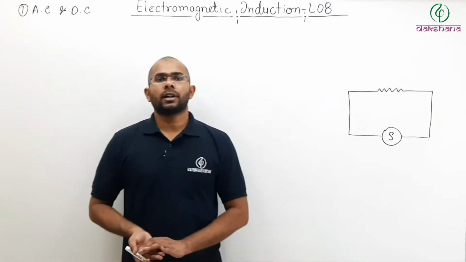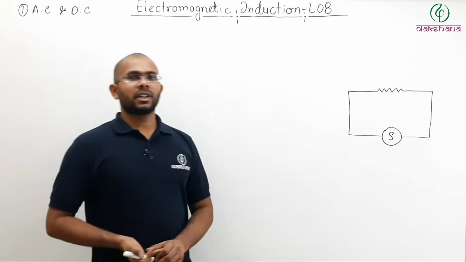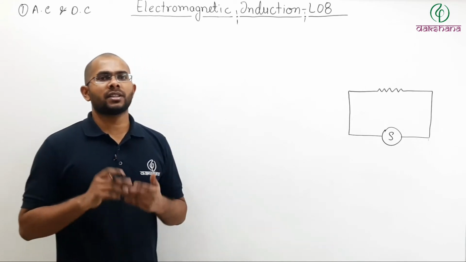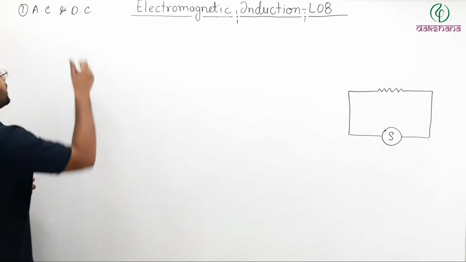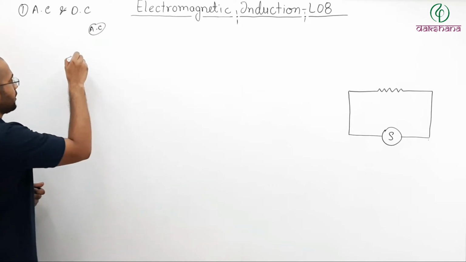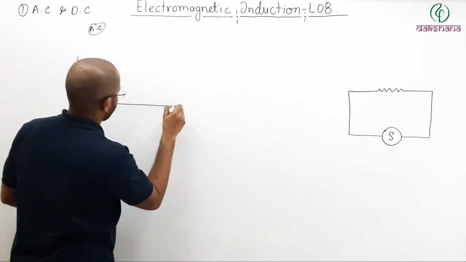Now let us discuss what is alternating current. So in case of DC current, the direction of flow of current should always remain the same, even though magnitude is variable. So let us try to understand AC current through graphs. Let us try to draw a graph.